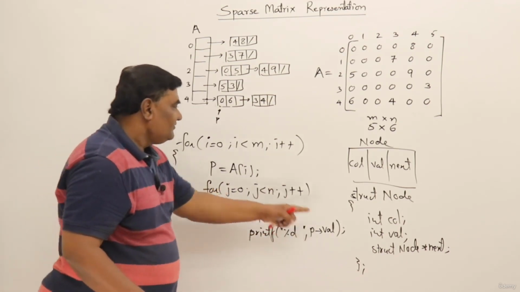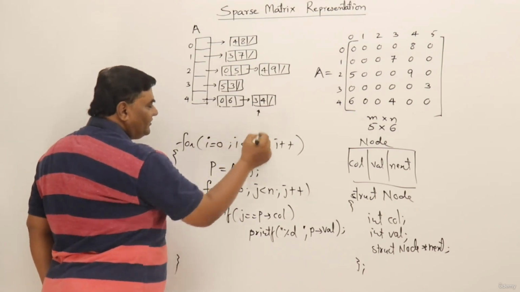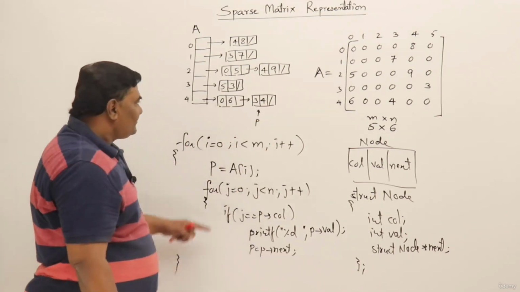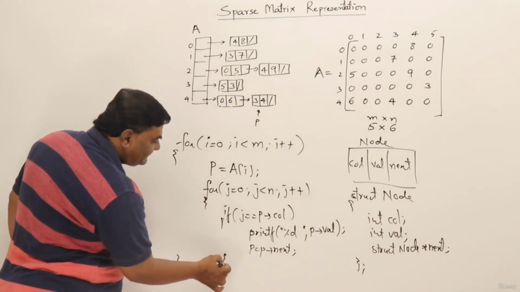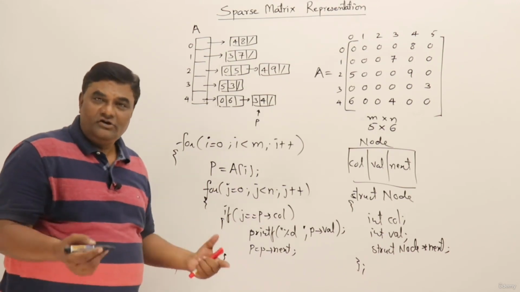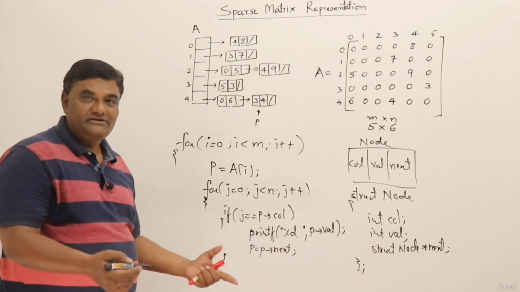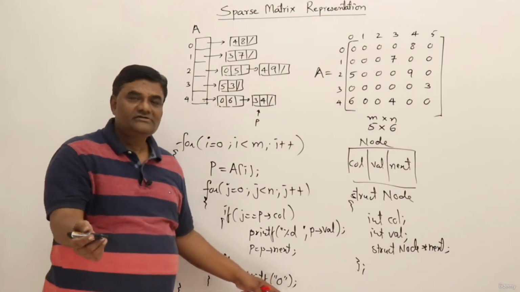So print the value, non-zero value, and also move P to the next node. This I have to do if this is true, if the column number is matching. If it is not matching, else I should print 0. Else print 0. That's all.